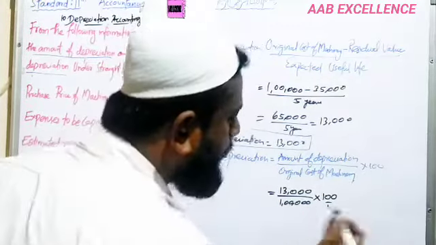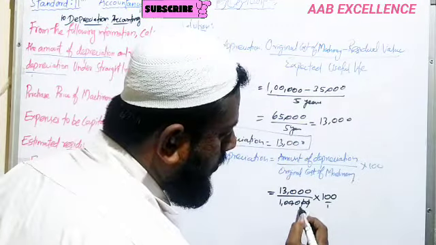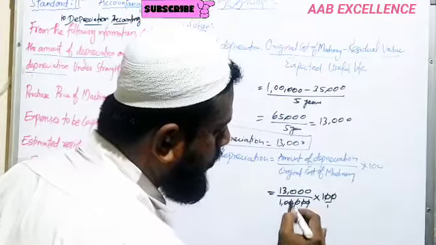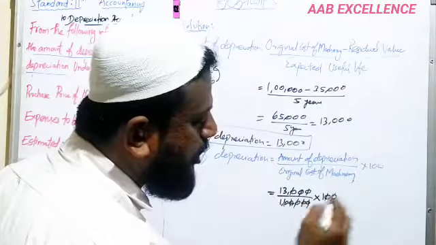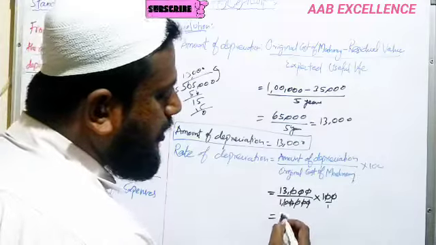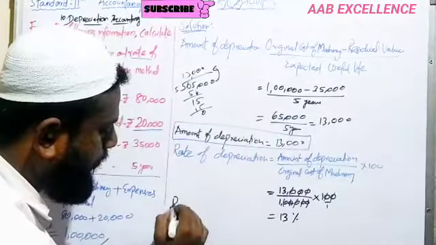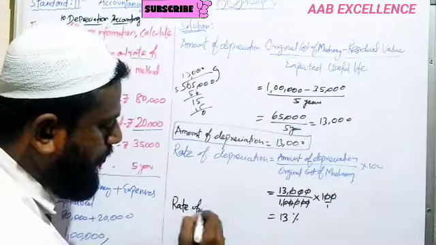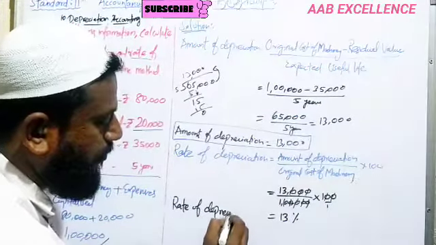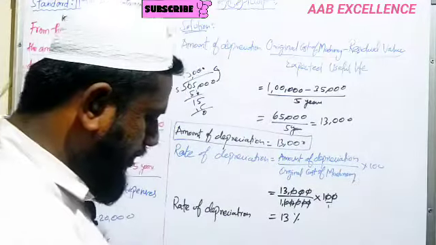Then by cross multiplication, the zeros cancel, so only 13 remains as the answer. So 13% is the rate of depreciation. The rate of depreciation is 13%.